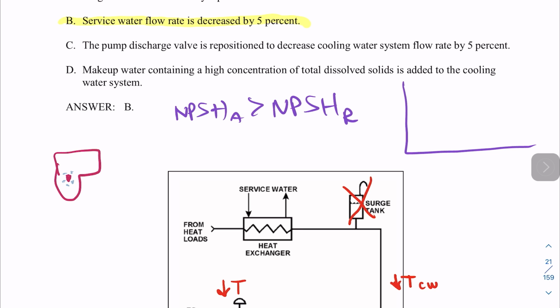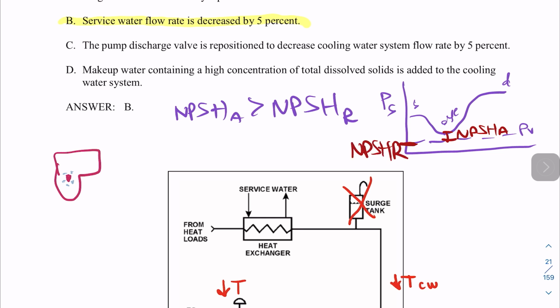And we have this pressure, and this is the pressure of the vapor. This is suction, this is discharge, this is the eye, and this part is going to be my net positive suction head available, and here is going to be my net positive suction head required. It's going to be calculated. So we know that stuff, right?